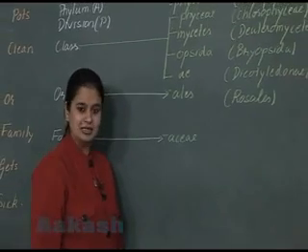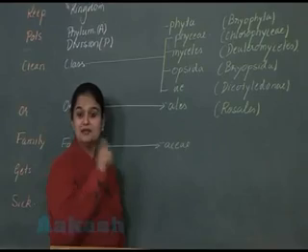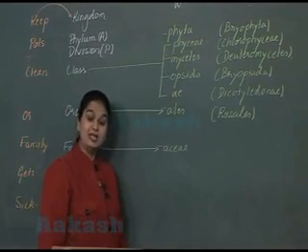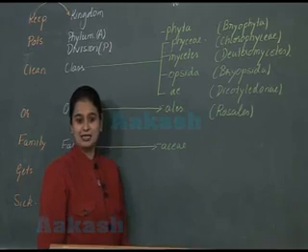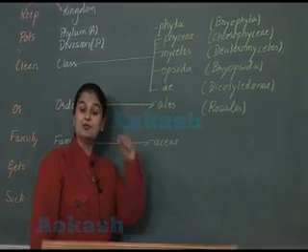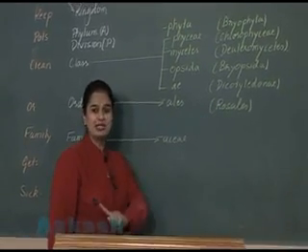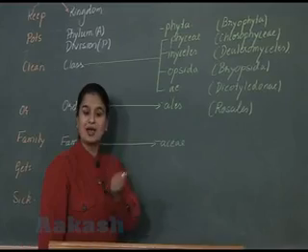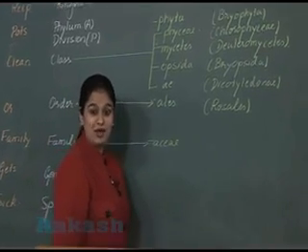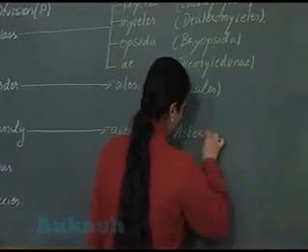Can you tell me the name of the sunflower family? It is Asteraceae. The name of the grass family is Poaceae. The sunflower family is the most advanced family in dicots, and the Poaceae family is the most advanced family in monocots. So let's write the name of the sunflower family. It is Asteraceae.